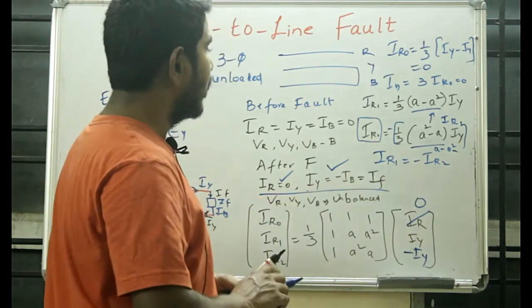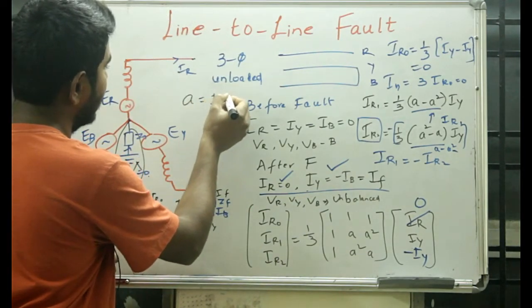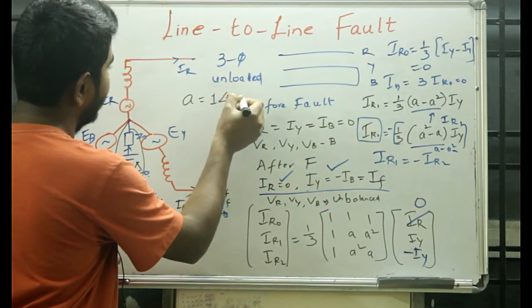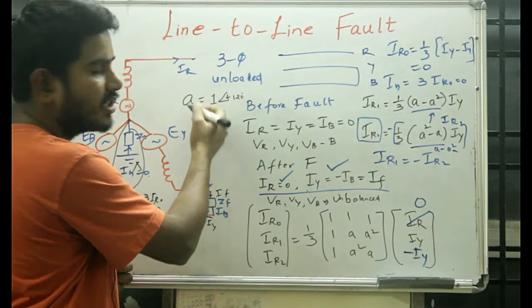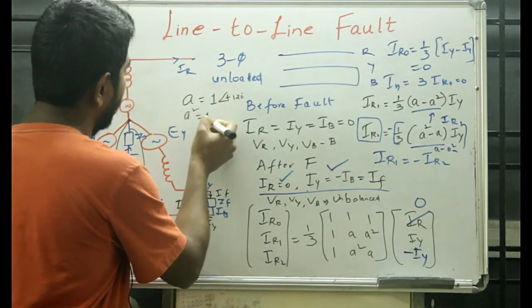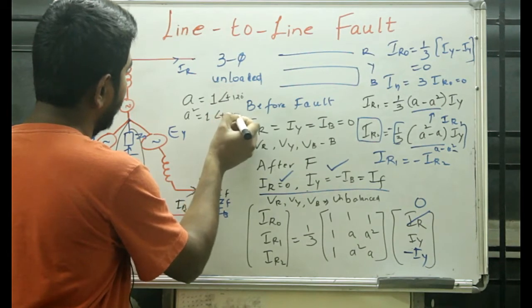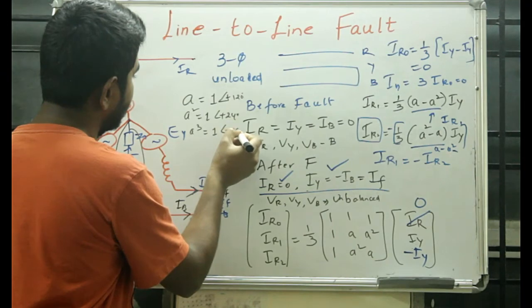Now we have seen that the rotational operator a is nothing but 1 with angle 120 degrees. This is a shift operator or rotational operator which we use in the calculation of unsymmetrical fault conditions. Your a square will be equal to 1 with angle 240 degrees, a cube will be equal to 1 with angle 360 degrees.